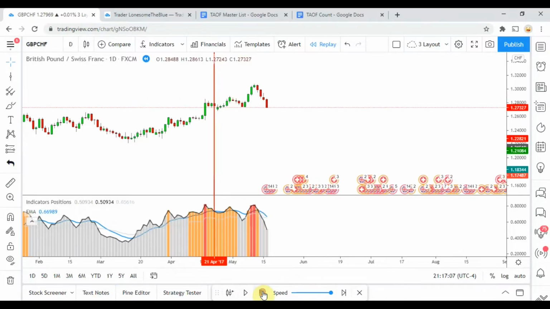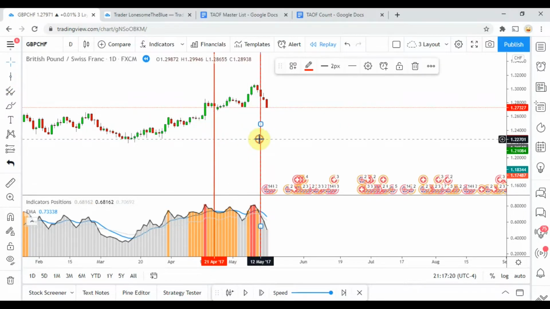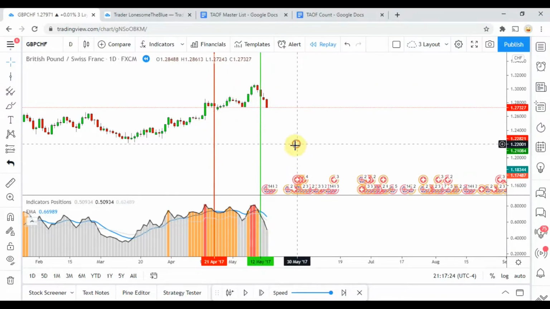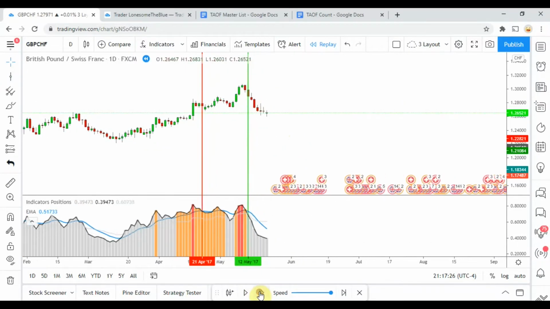And so it does go into the red over here. Looks like we don't get a cross until on this candle right there. And that one got us to take profit rather nicely.